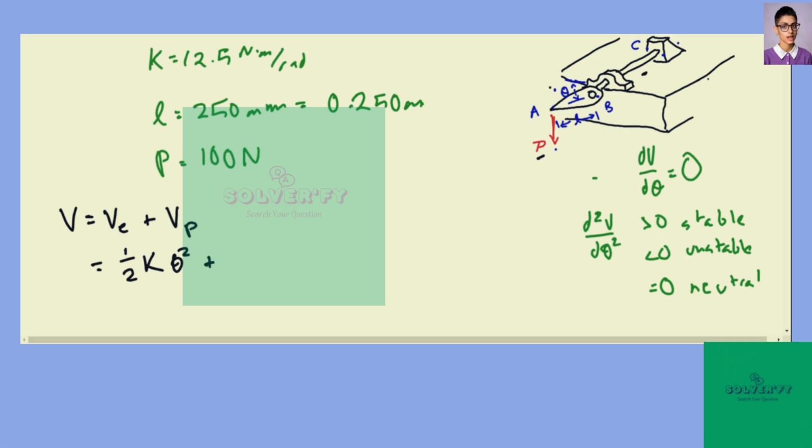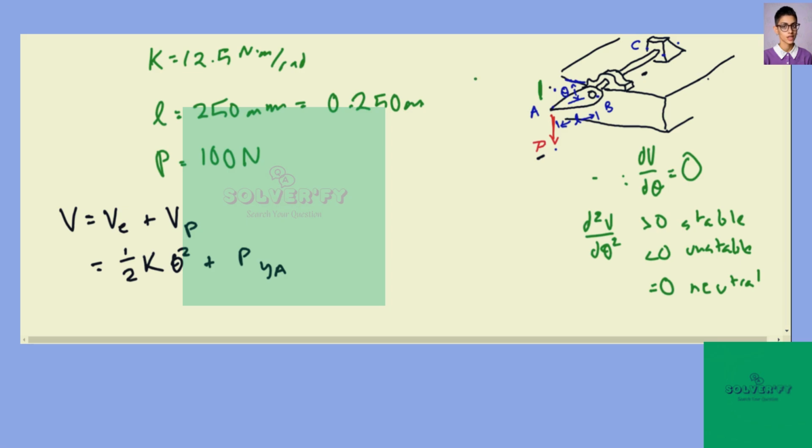And we're going to treat the potential energy of this force P just like we would the potential energy due to gravity, where it's just the force times this vertical distance it's working along. So just P times y sub a. And we're going to define this y sub a again in terms of theta, so we can use the equilibrium condition, from B as our origin, just this height here.